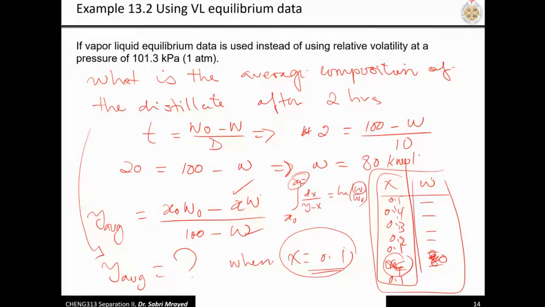But what we're going to do next, now we have only a pot. It's like we have a boiler in which we're adding heat and we're generating vapor, which is at equilibrium with the liquid, and we're losing that, or we're decreasing the quantity of the initial feed, and at the same time we try to concentrate the more volatile component in the distillate.